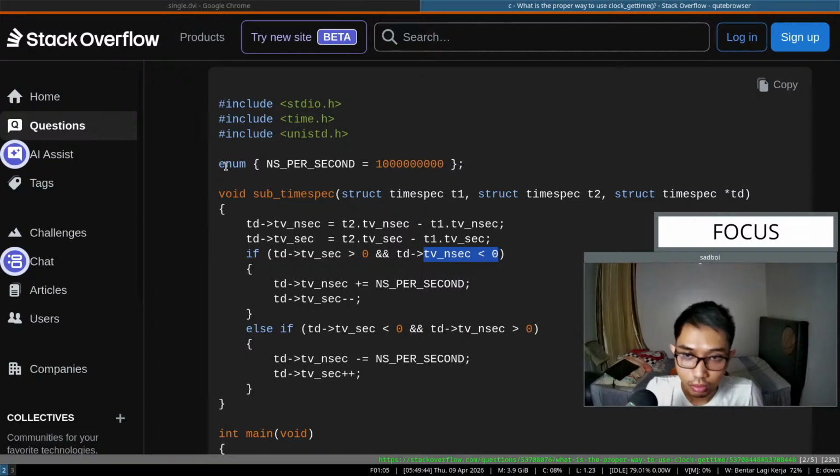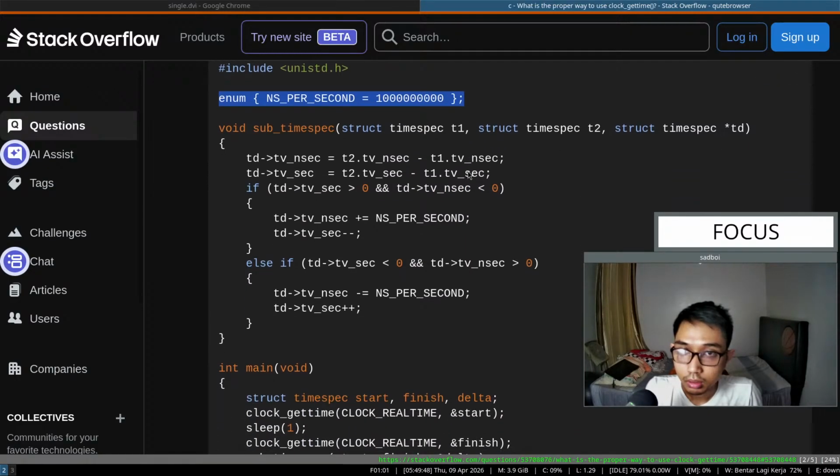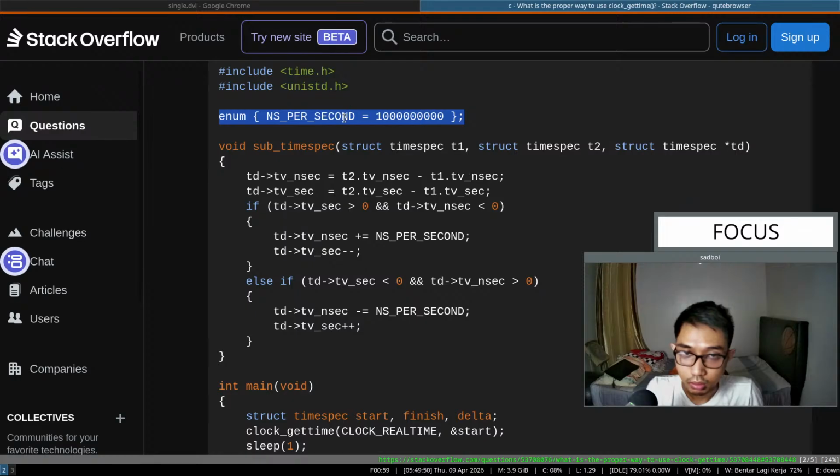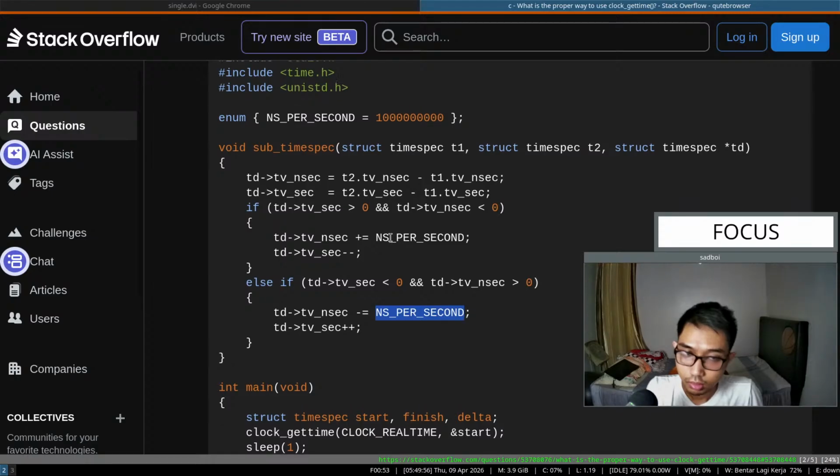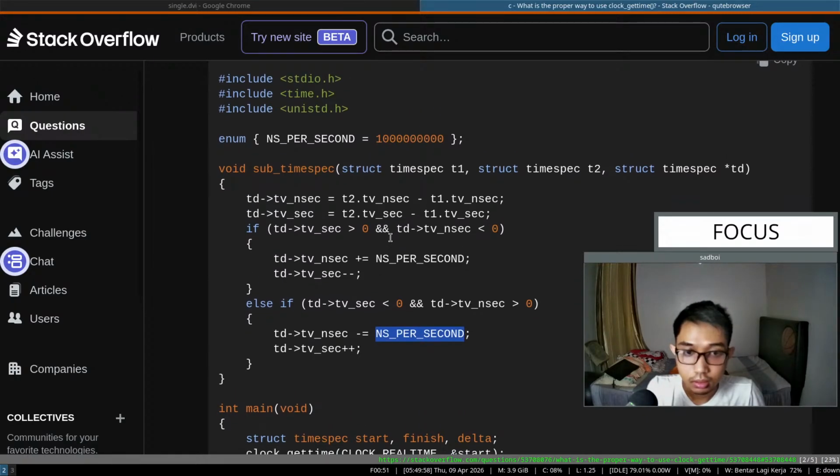Okay, I'm not sure why using enum instead of macro here. That is interesting. Negative.